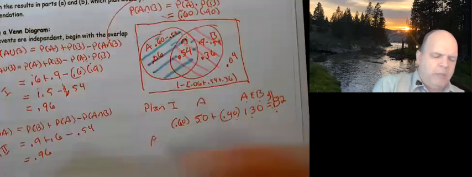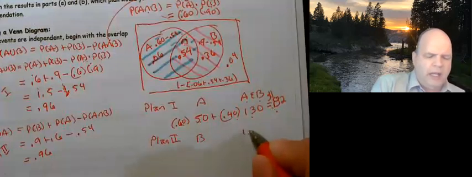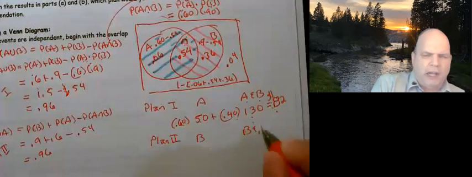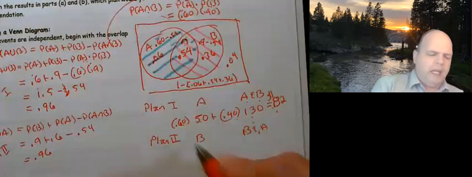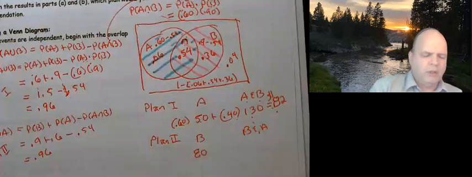They're spending the $82. If we look at plan two, now we're looking at buying drug B. And if that doesn't work, we'll have to buy them both, B and A. Well, drug B costs $80. And B and A, 80 plus 50 is still 130.